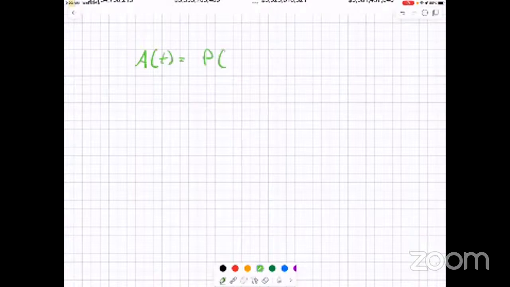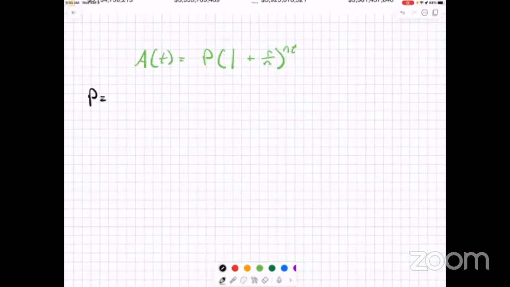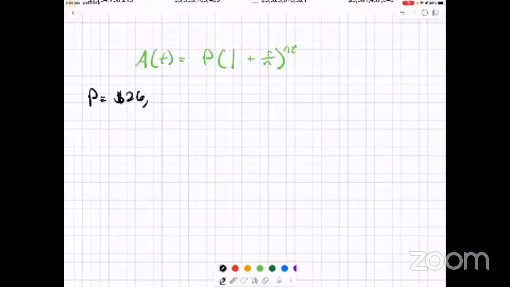So we are calculating the future amount. I know the principal. The starting amount was $26. The rate is 5%. As a decimal, that's going to be 0.05.